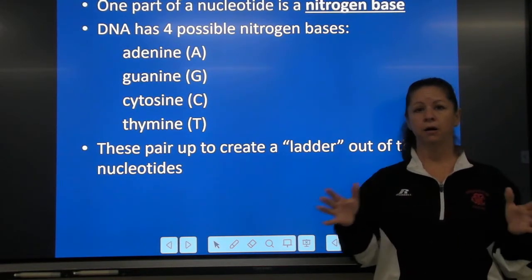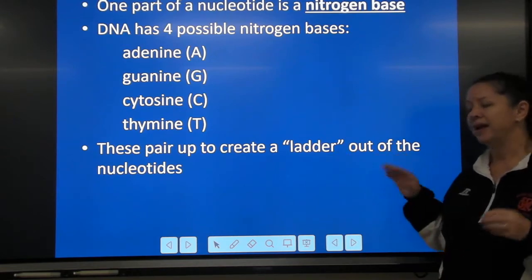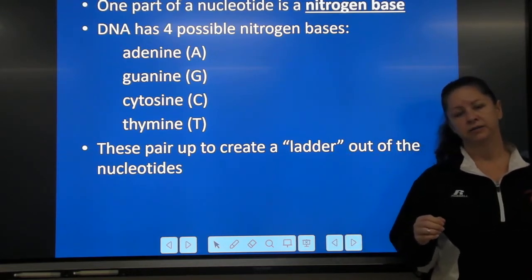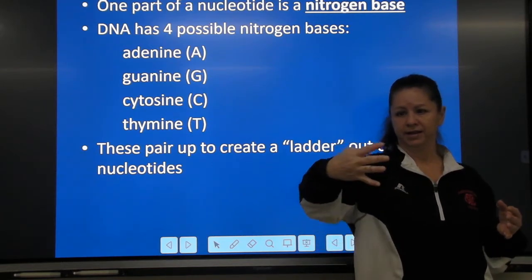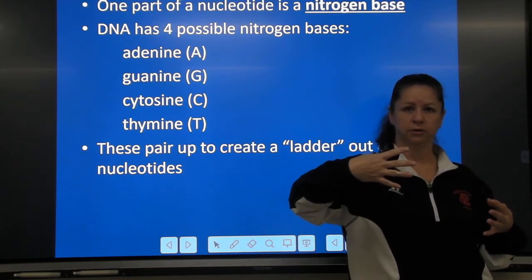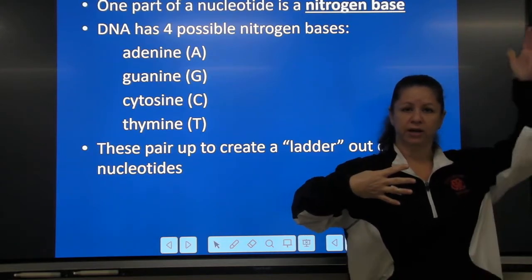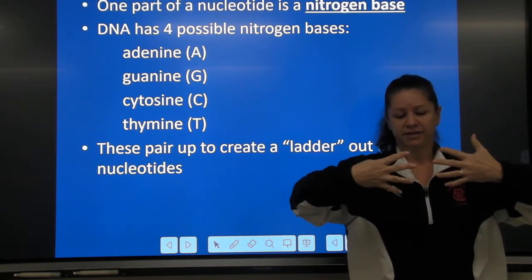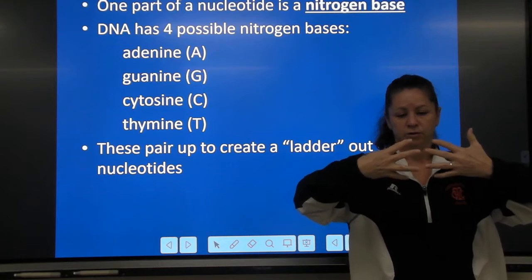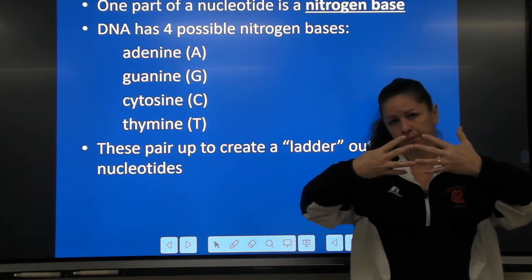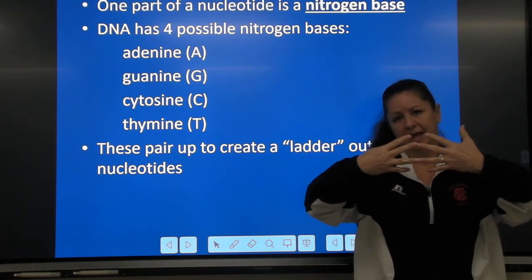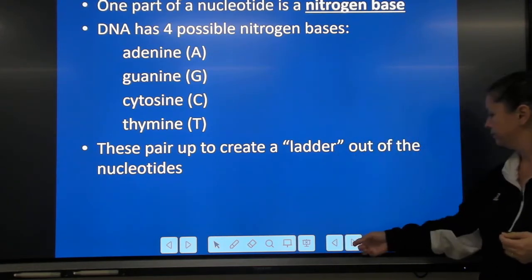And then these pair up to form basically a ladder out of the nucleotides. So you'll have one chain, and these nucleotides are sticking in the middle. And then you'll have another chain over here with a set of nucleotides, and those nucleotides join up. That's what I mean by they pair up. So they pair up to form a ladder by linking in the middle.